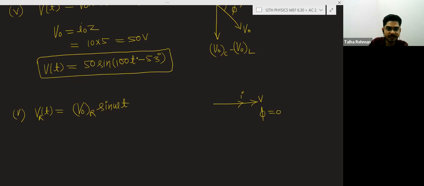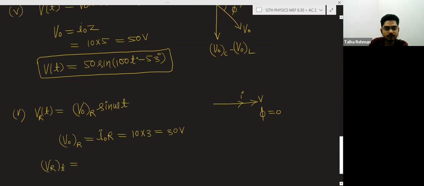So V naught R we can calculate. V naught R, I have told you how to calculate. It can be written as I naught into R. I naught is 10, R is 3. So it will be 30 volt. So this equation we can write V R t is equal to V naught R is 30, and this is sine omega is 100 into t.